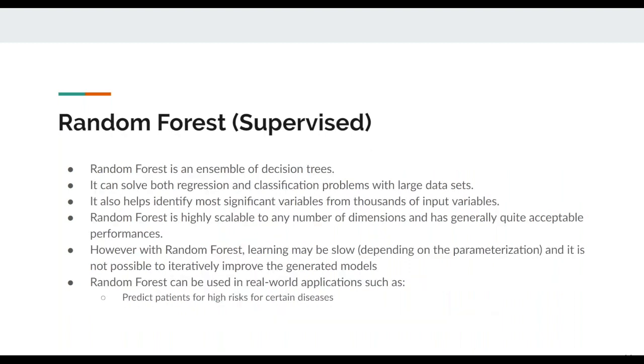So moving from the decision trees to the random forest. The random forest is essentially a set of decision trees, multiple decision trees. And it can be applied both to regression and classification problems in general, and can be applied with large data sets. And the key advantage that they have is that they can help identify the most prominent features of the data. And we're going to discuss a bit more about feature selection after the demonstration.